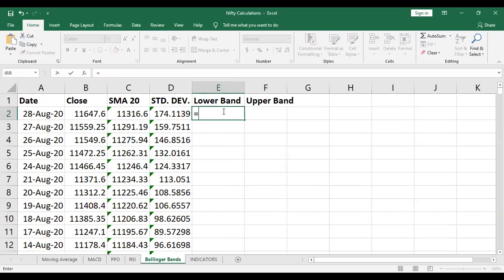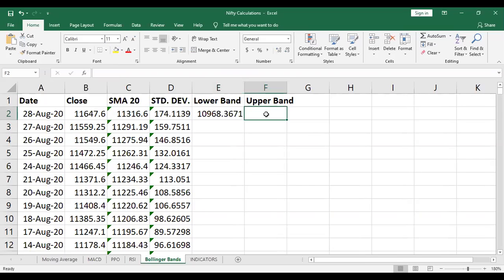The lower band is equal to the moving average, that is this number, minus 2 multiplied by standard deviation, and the upper band is equal to the moving average plus 2 multiplied by standard deviation, and copy paste till last.